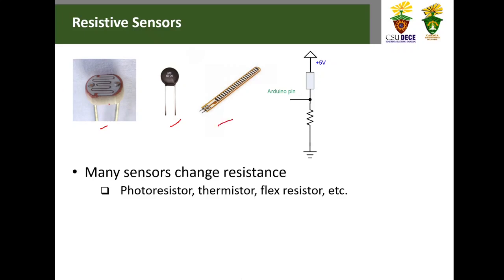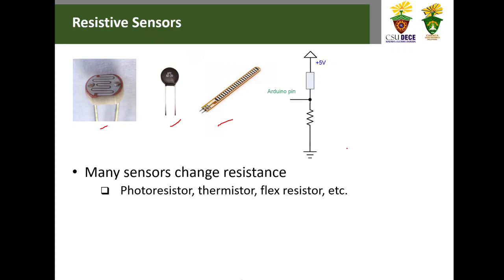This photoresistor changes resistance according to the brightness, and with the thermistor, the resistance changes with respect to temperature, and with the flex resistor it changes depending on how much it bends. So these devices change their resistance according to how we bend them.